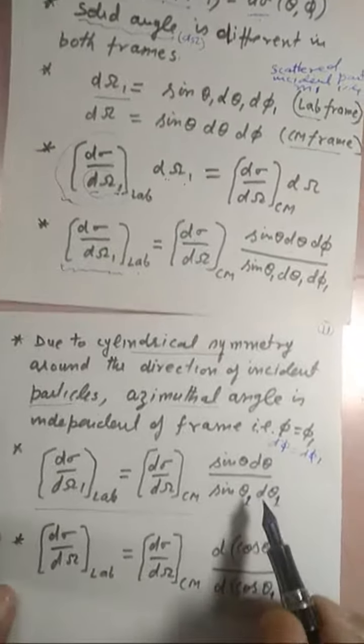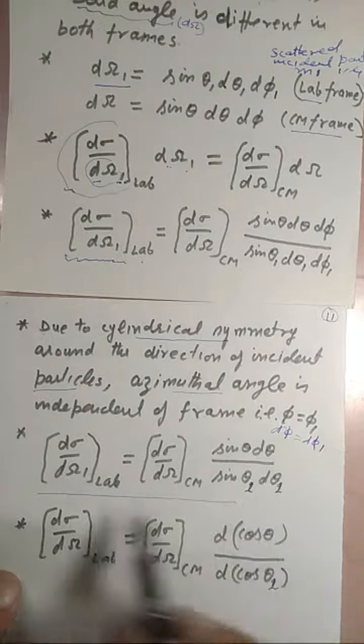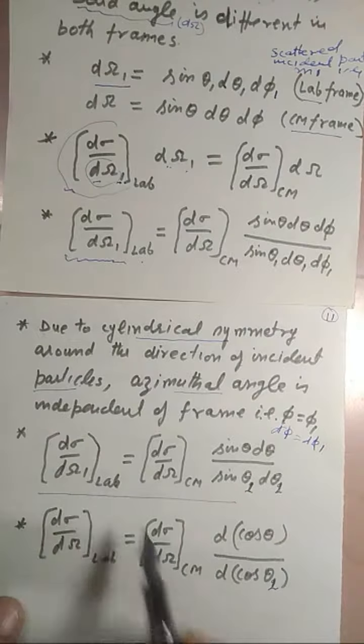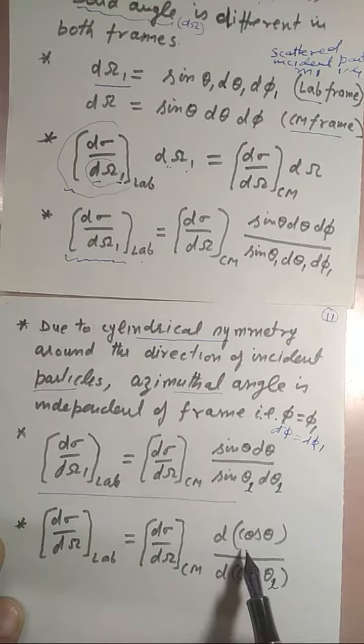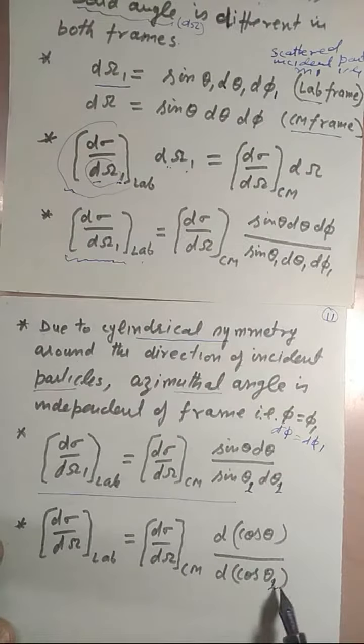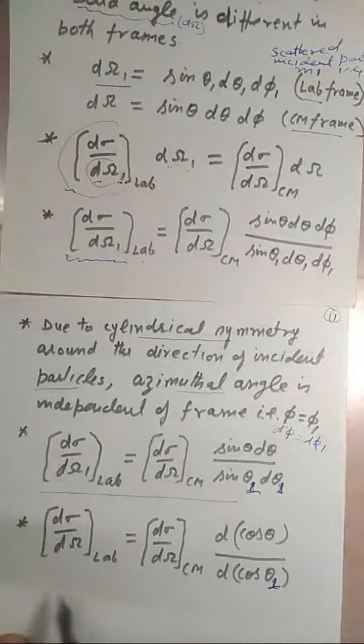Here we got this type of expression for the differential scattering cross section, and we can rewrite this in terms of d cos θ and d cos θ1. How can I rewrite this?